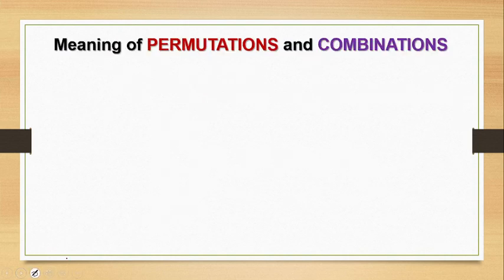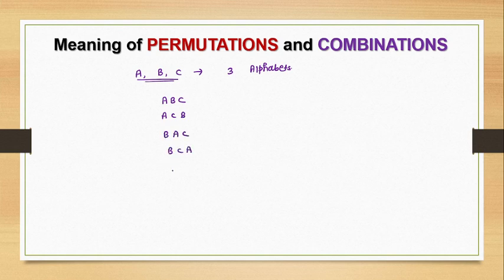Now I give you another example. Let's take three alphabets, A, B and C, and you have to create three-letter words. You can make ABC or ACB. You can start with B: BAC or BCA. You can start with C: CAB or CBA.